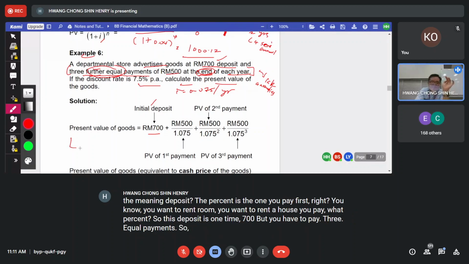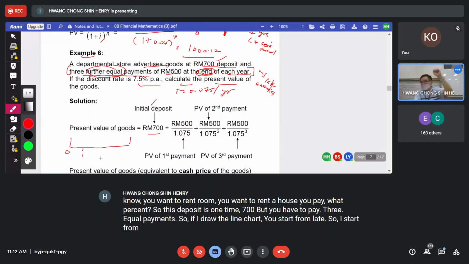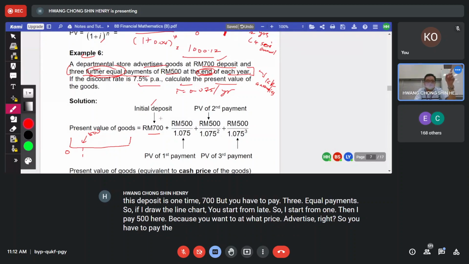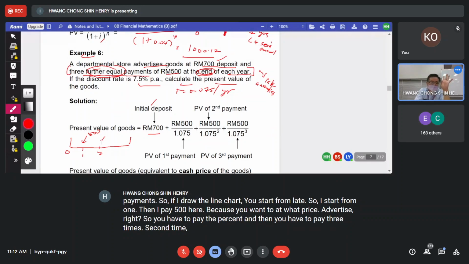So if I draw the line chart, you start from late, so I start from 1. Then I pay 500 here. Because you want to advertise, right? So you have to pay the deposit. And then you have to pay 3 times. Second time, 500.